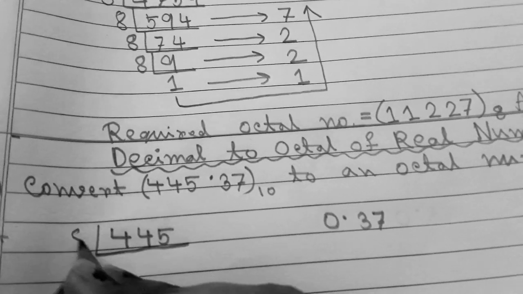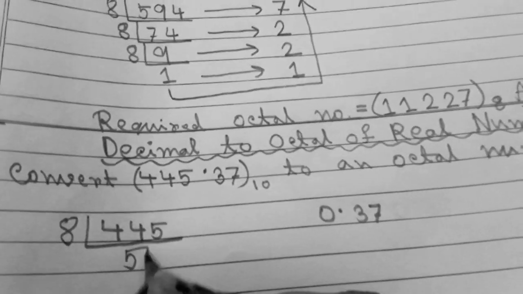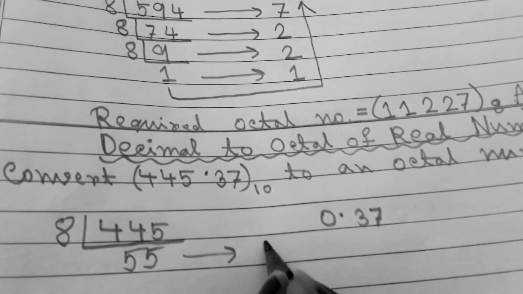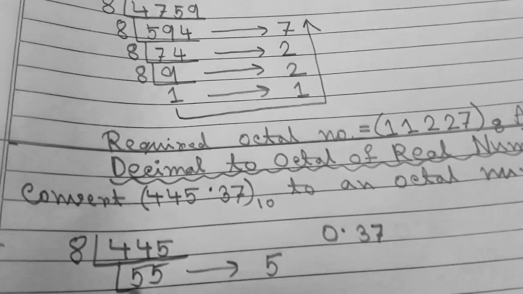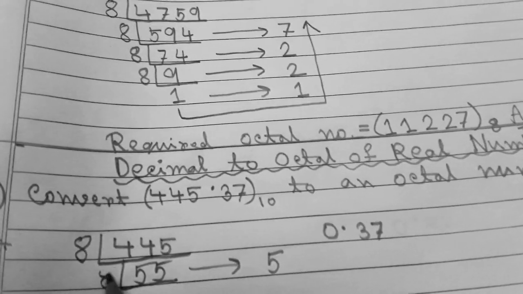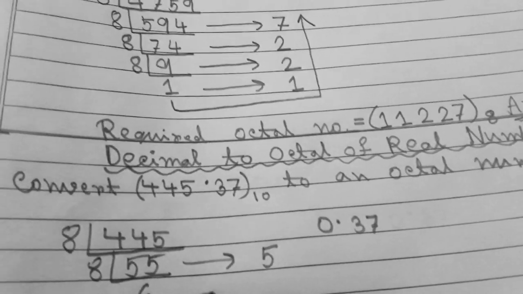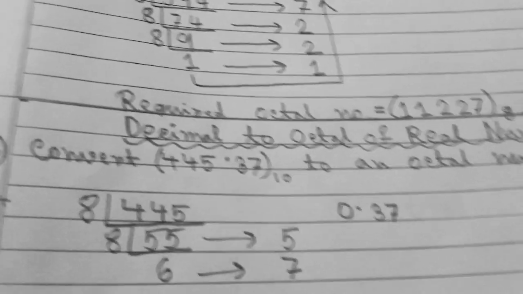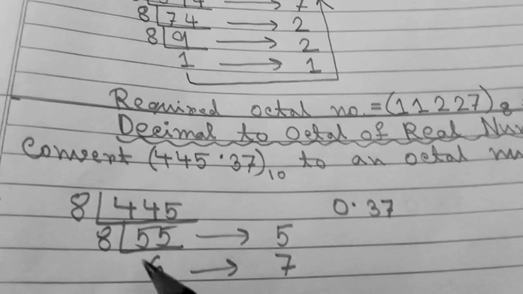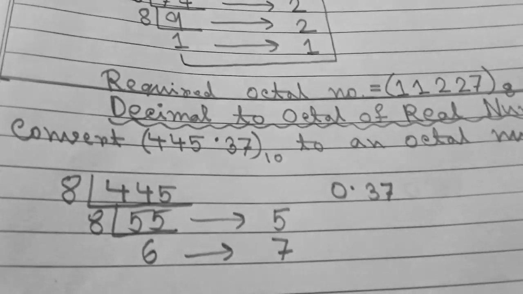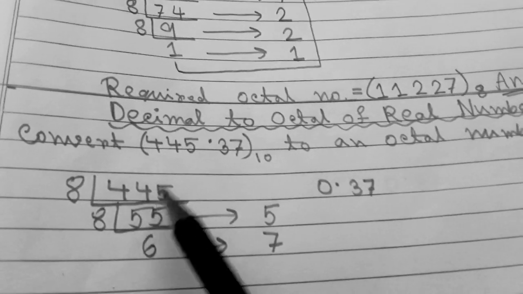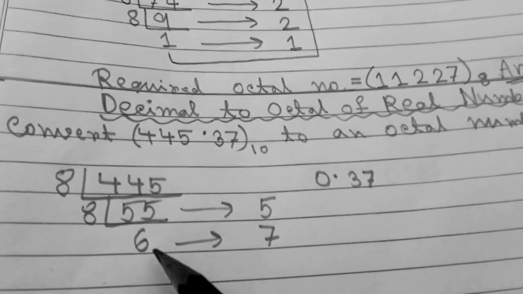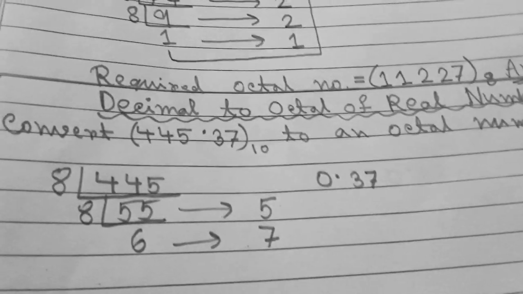So start to divide by 8 and keep aside the remainder part. Then keep aside the remainder part. So this is over because I get 6 here, which is less than 8. So stop. So here for 445, I get here 675 in octal.